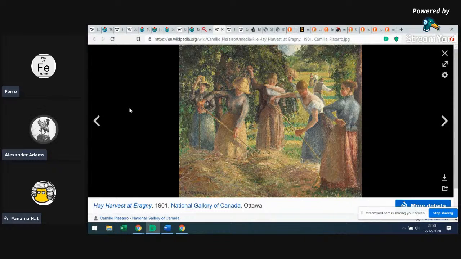Basically, Pissarro for a time was a pointillist, so this is working in little dots of color, the style pioneered by Seurat. If you just search for Alexander Adams Signac, you will find my article discussing the overlap between anarchism and pointillism.